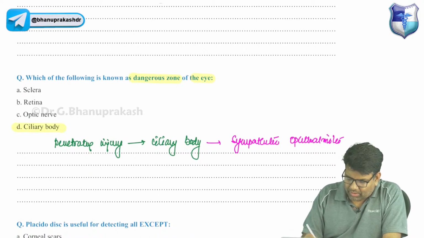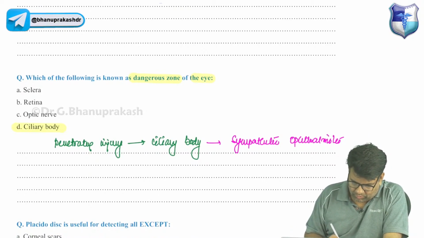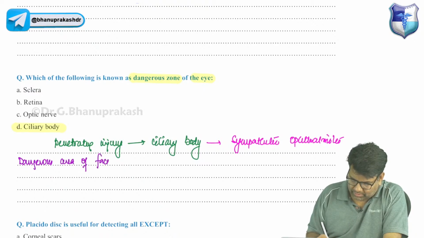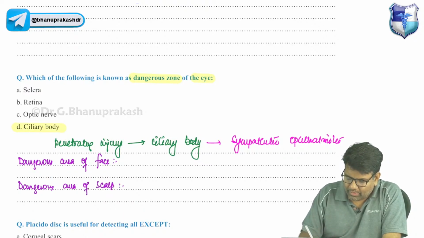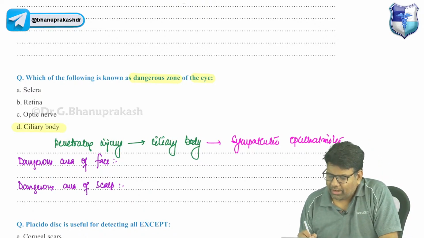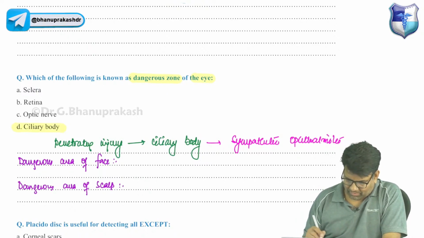Now, you must know two more dangerous areas in the body, and one is dangerous area of face. Yes, anyone? And second is dangerous area of the scalp. What is the dangerous area in face? Yes, Raghu, you are right regarding scalp.